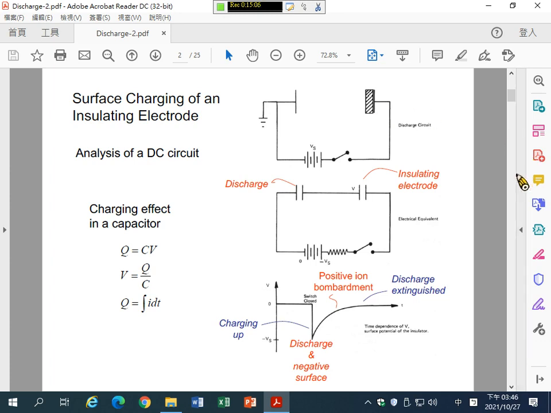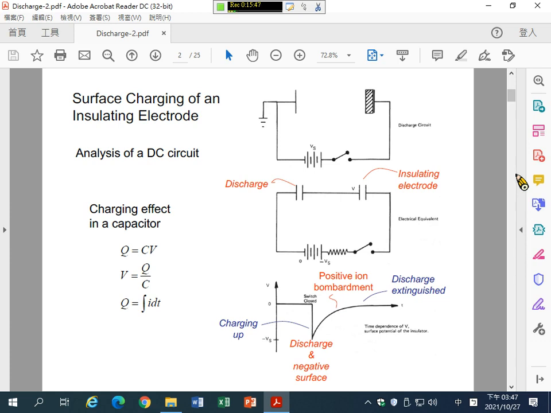Okay. So when the cations come to the surface of the insulating material, their positive charge will neutralize the negative charge. Okay. At the beginning, the surface of the insulating material is charged up negatively. But the negative charge will be neutralized by the positive ion bombardment, so that the net amount of charge will decrease.